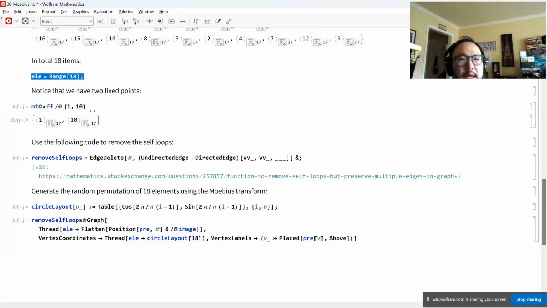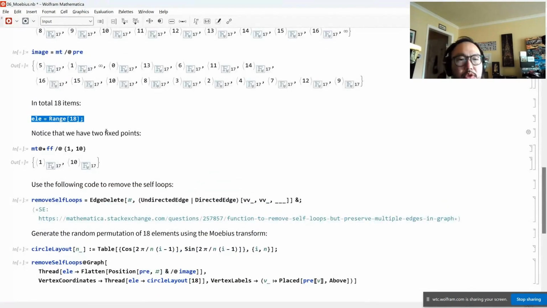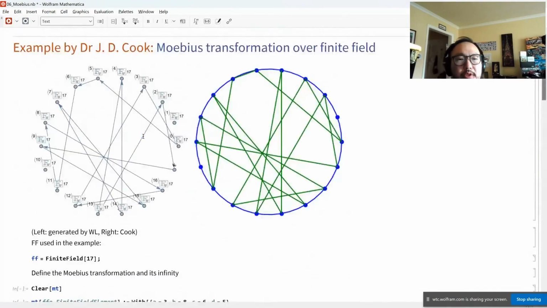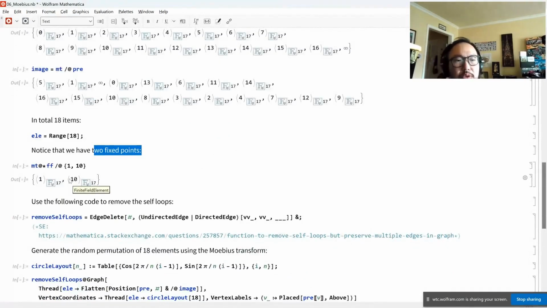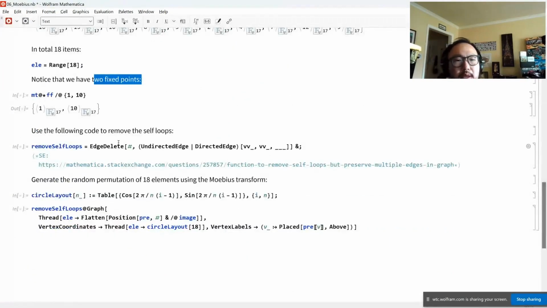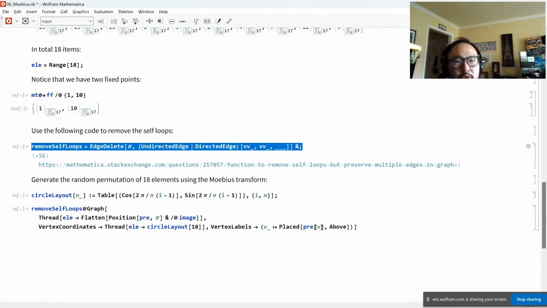Then you will need to remove 2 fixed points. For visualization, you don't have to remove the points, but you remove the self loops. So you can see clearly that there are two fixed points: 1 maps to 1, 10 maps to 10 here. Then I use a function that I found online to remove the self loops.